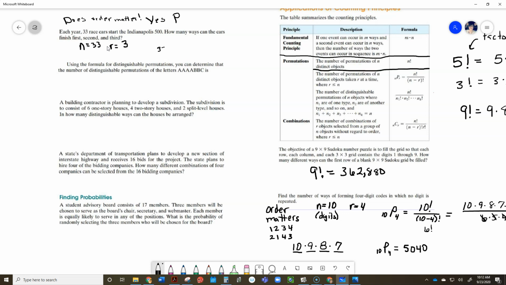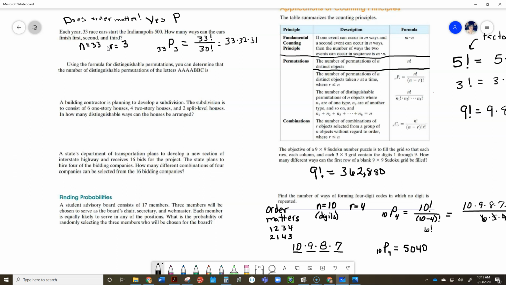So we have 33 things. We're going to choose 3 of them, and order matters, so it's a permutation. You can do 33 factorial over 33 minus 3, which will be 30 factorial. Which is going to end up being 33 times 32 times 31, because everything else is going to cancel out after that.